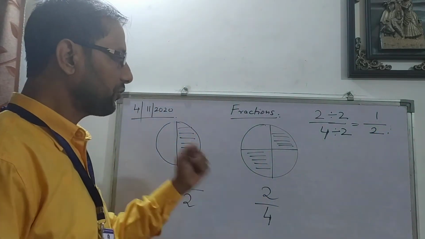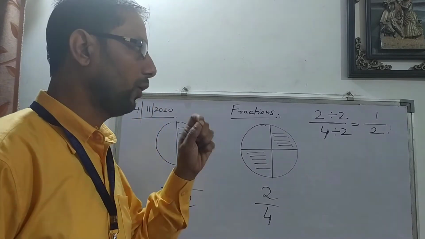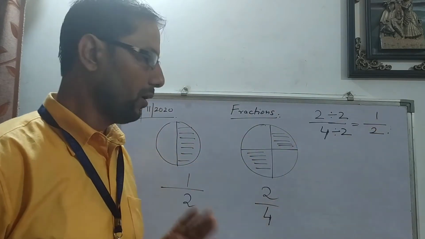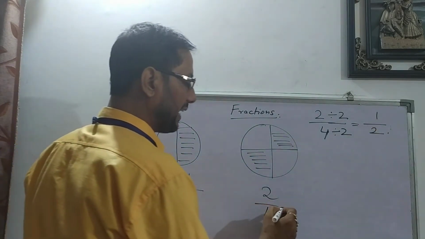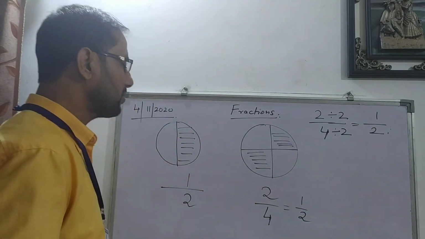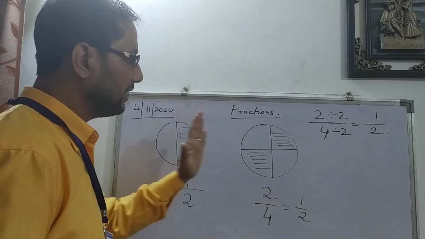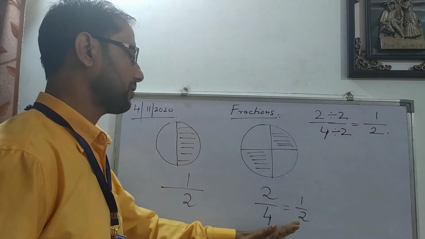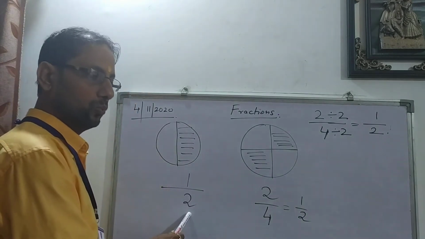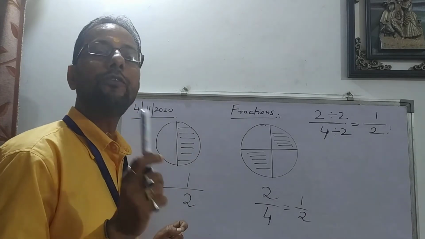After expressing it in the lowest term, I got 1 by 2. That means this fraction is 1 by 2, and this fraction also I can express as 1 by 2. It means that 1 by 2 and 2 by 4 are equivalent.